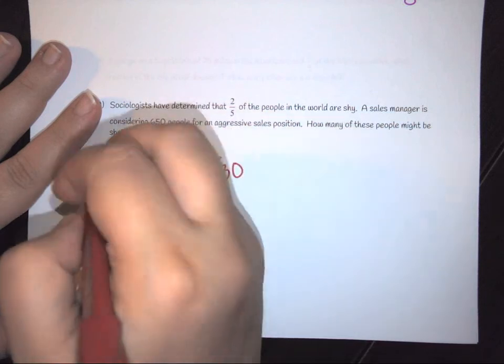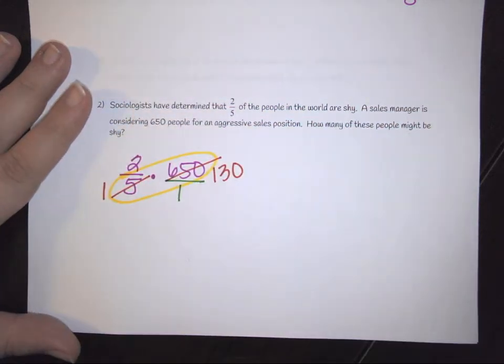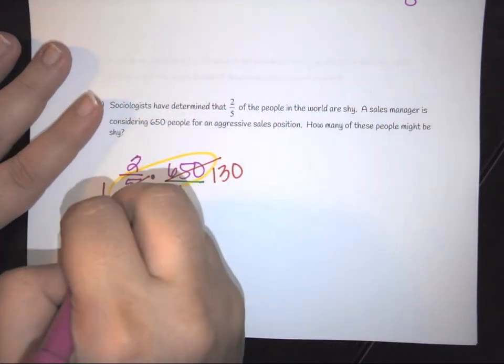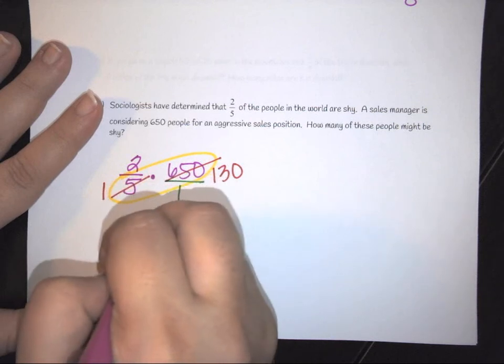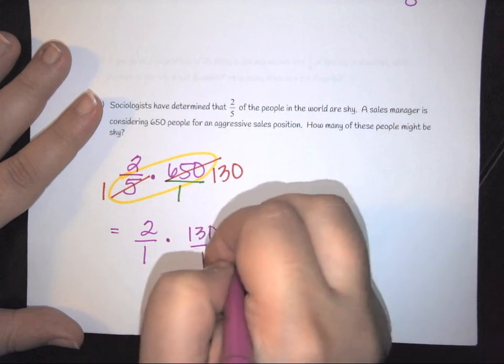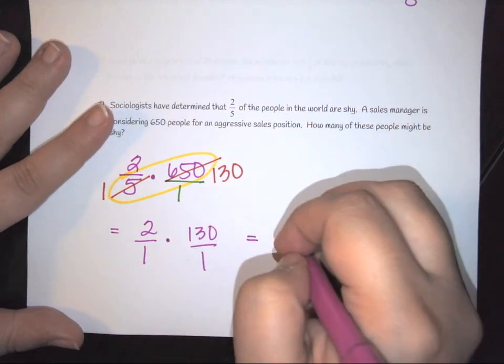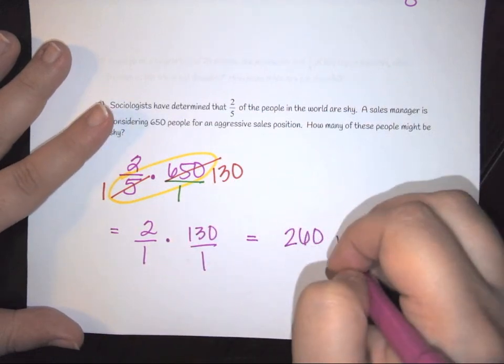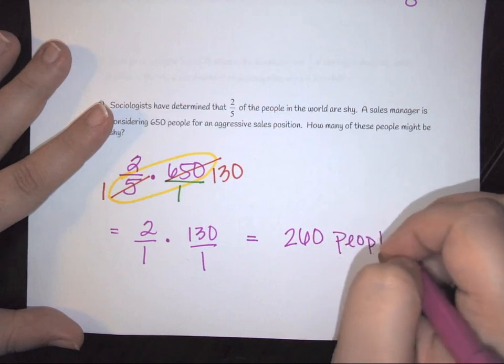My 5 goes away and becomes a 1, thus changing this problem to being 2/1 times 130/1, which gives you a total of 260 people.